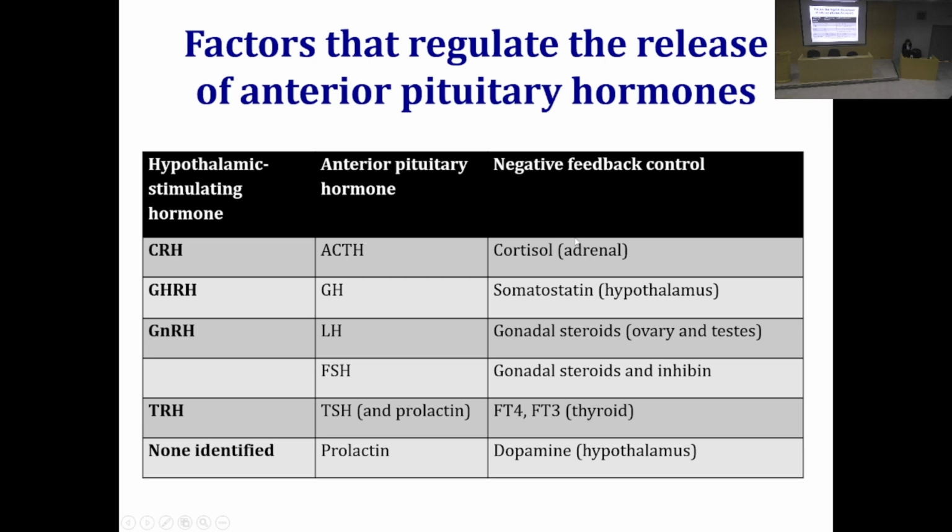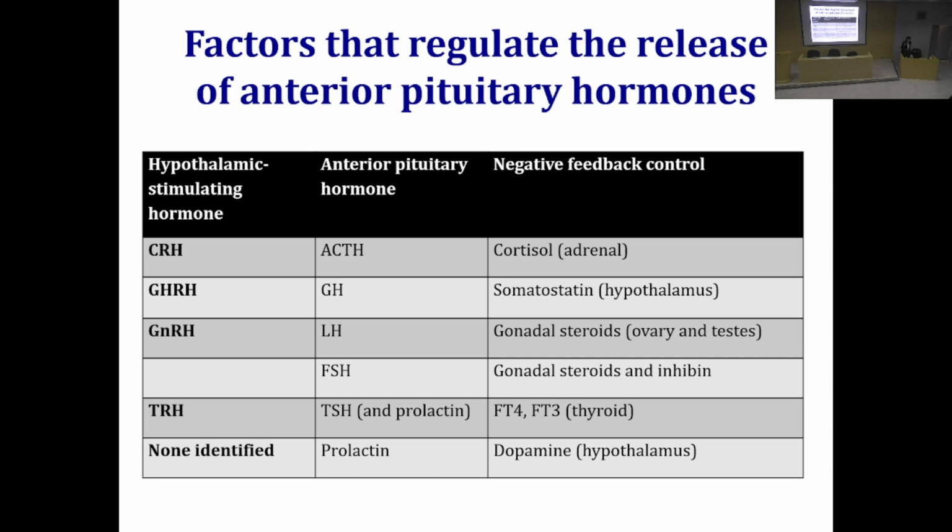But there are also negative feedback mechanisms, and there are inhibitors of these pituitary hormones that are listed in front of you. Many of them are essentially through negative feedback mechanism, all right? So you stimulate the adrenal axis: CRH stimulates ACTH release, which stimulates cortisol. That cortisol, through negative feedback mechanism, will suppress further release or synthesis of ACTH.